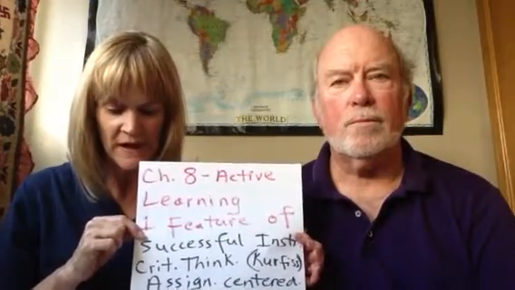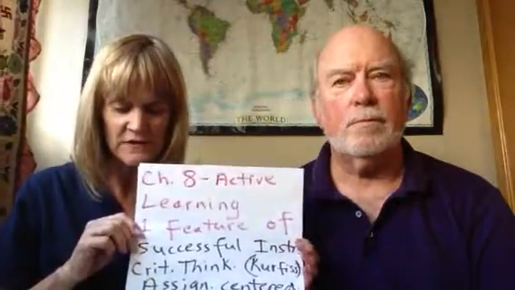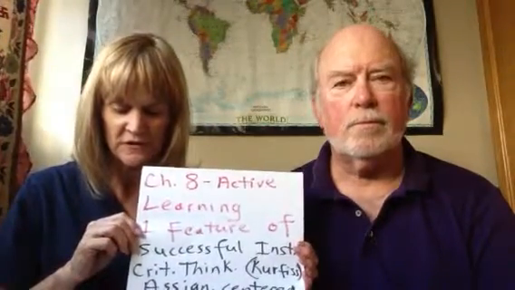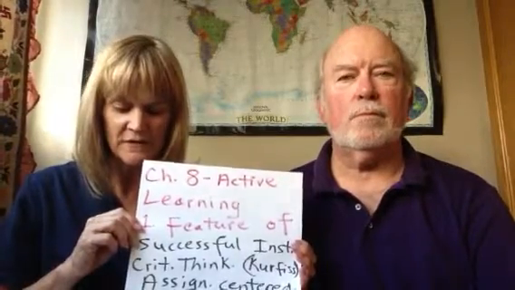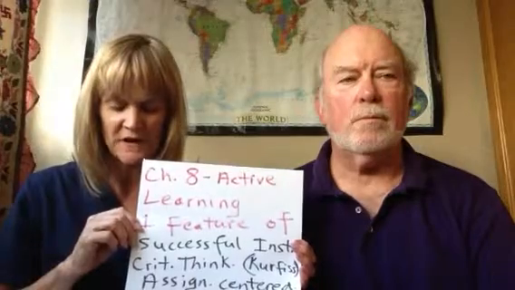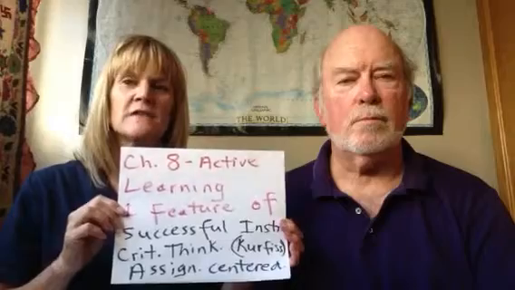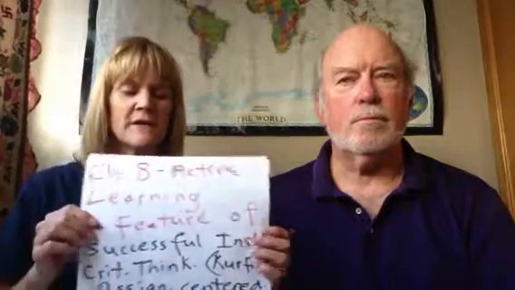There are actually 8 features that a successful instructor in critical thinking does, and having the focus be not on text and lecture, we already do that. So we'll talk a little bit about a couple of other things in a few minutes.